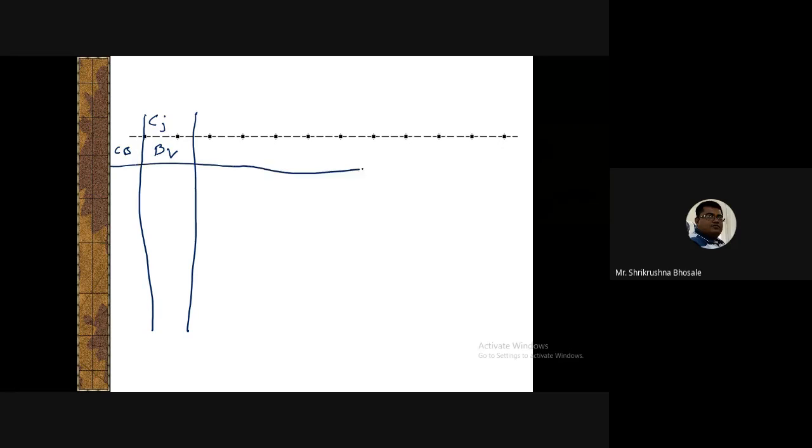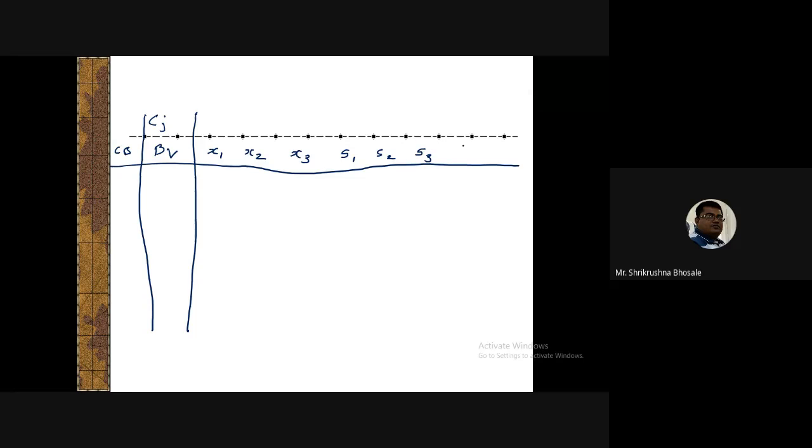Below that, basic variables will be there, and the coefficient of basic variables. What are the variables in this? X1, x2, x3, s1, s2, s3.